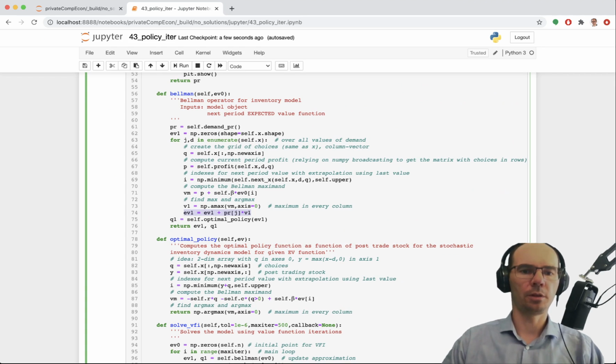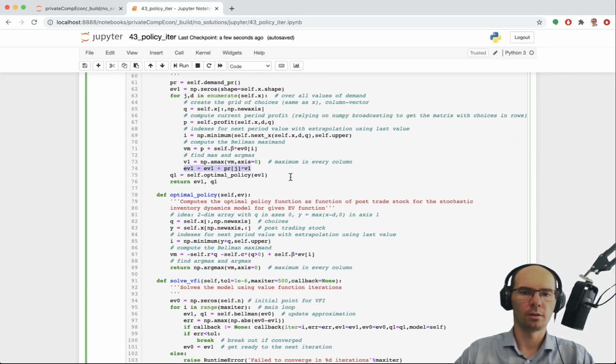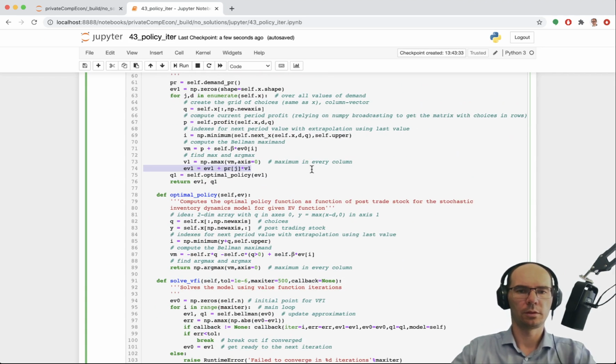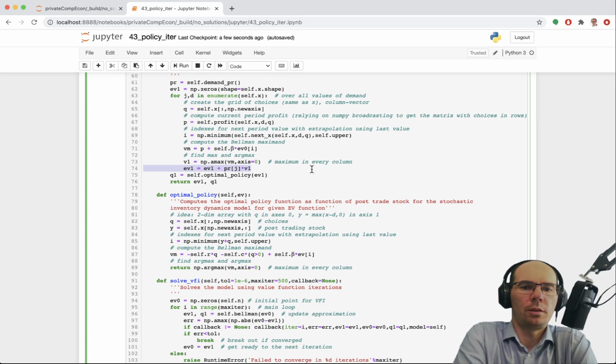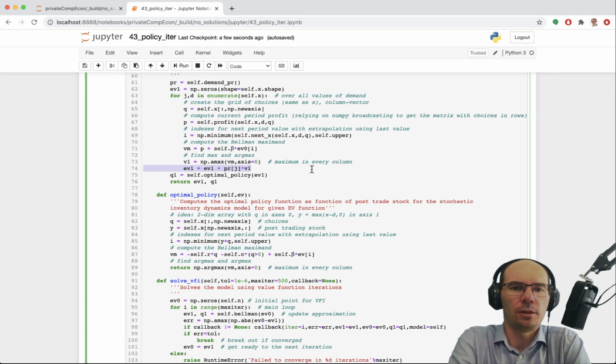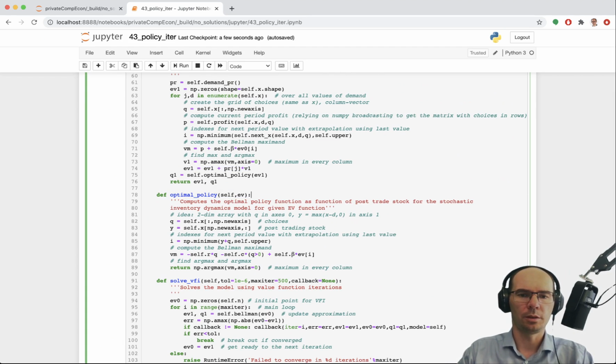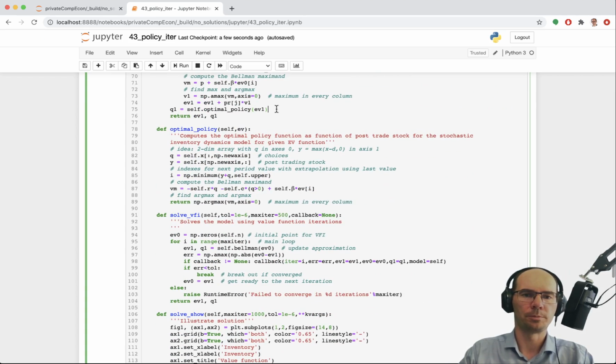Because EV1 is now the updated expected value, the optimal policy would compute the optimal policy given that expected value. So this is essentially step 2 of the policy iteration solver. Right? We are updating the policy using a particular expected value function.